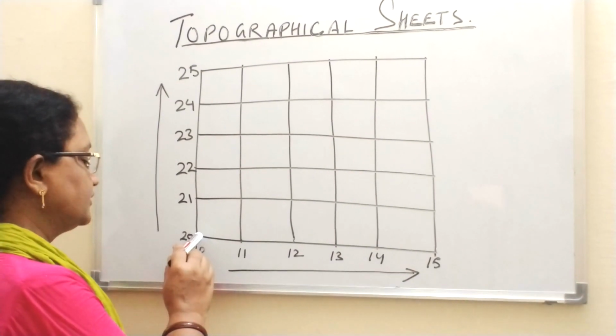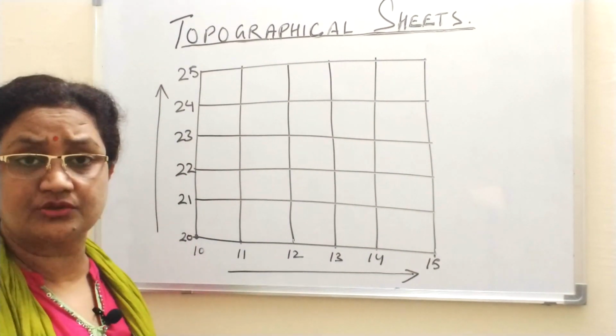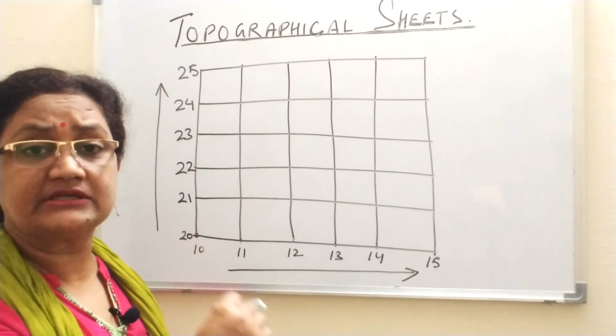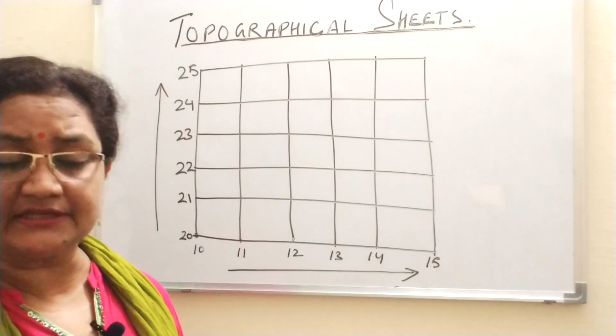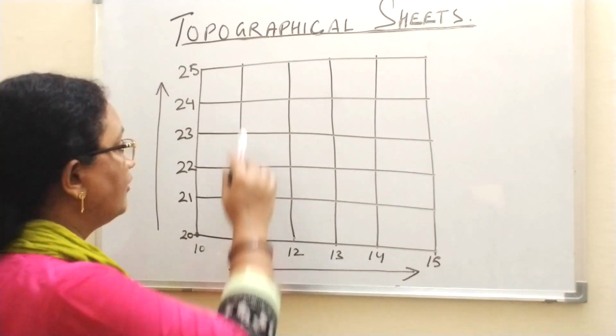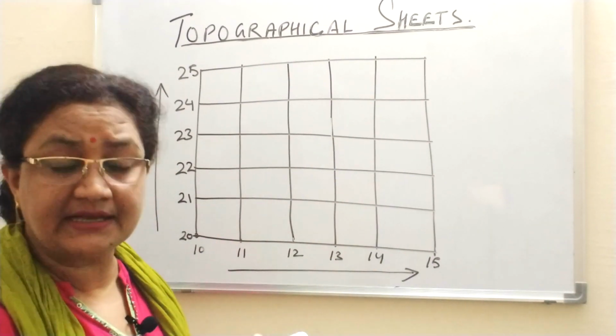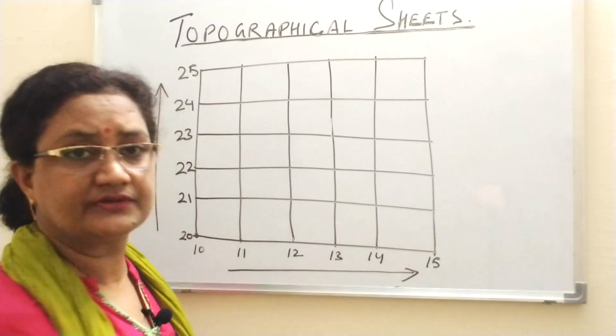When we start the numbering from the southwest corner, as we move towards the east, the number starts increasing. And this is why we call all these vertical lines the eastings, as we are going towards the east.